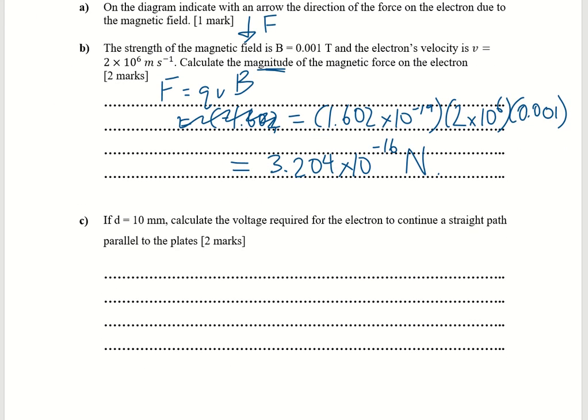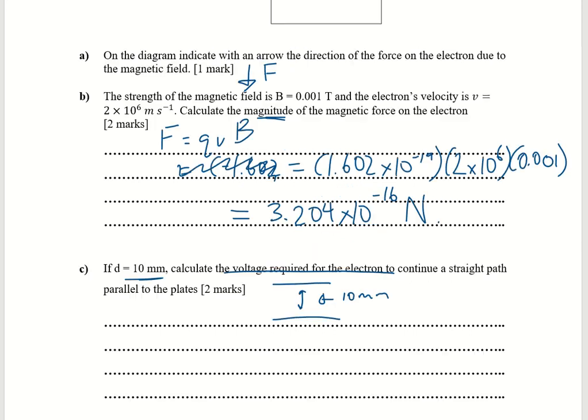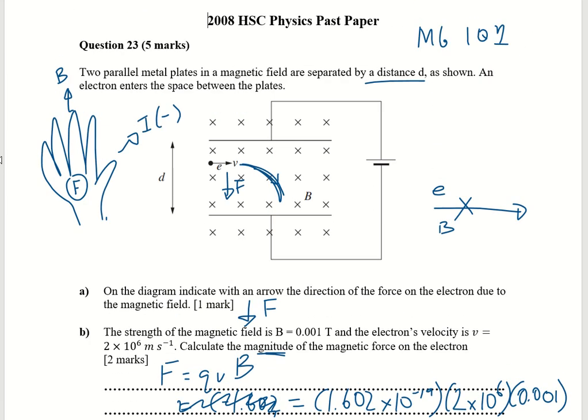It says, if the distance of separation, so that's the separation between the two plates, is 10 millimeters, calculate the voltage required for the electron to continue a straight path on the plates. Okay.